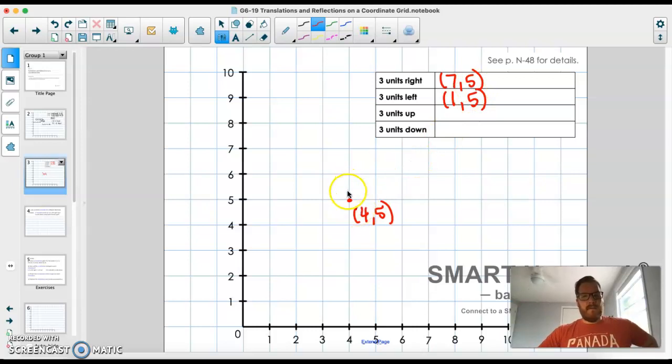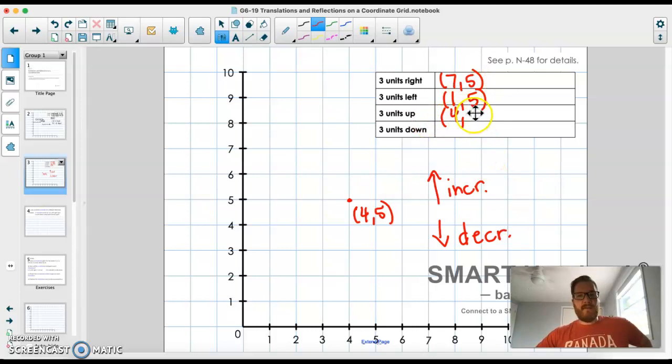If I go 3 units left, then my x number is going to decrease by 3. And so I'll end up at 1.5. Now, this one we haven't covered yet, but if we're going only up, then my first number is not going to change, but my second number will. If I go 3 units up, then my number will increase. If I go down, then the number will decrease.